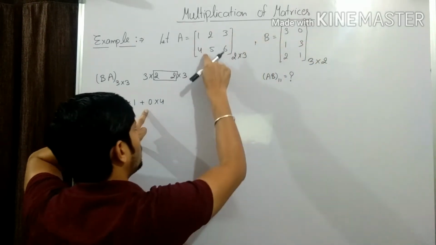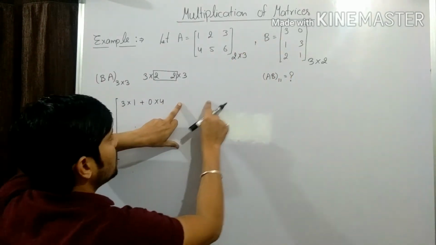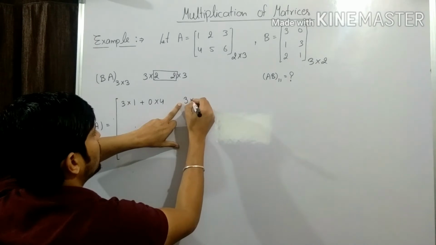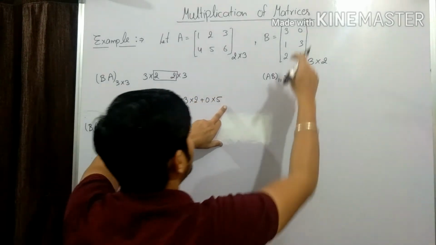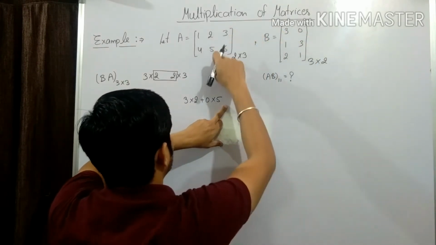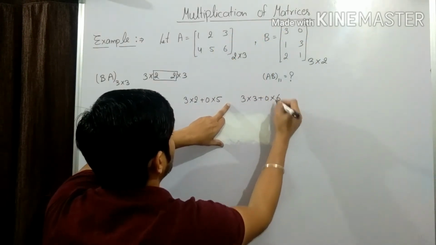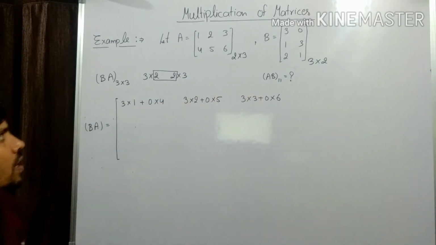Now the second element, first row, second column: 3 cross 2 plus 0 cross 5. Similarly, first row, third column: 3 cross 3 plus 0 cross 6. Hence we got all the elements of the first row.